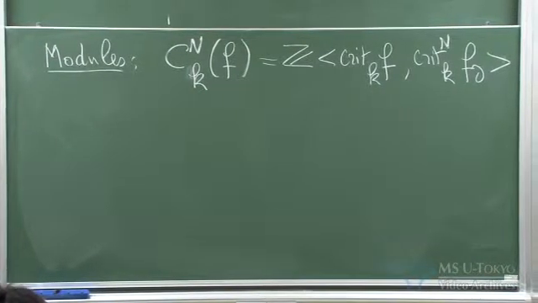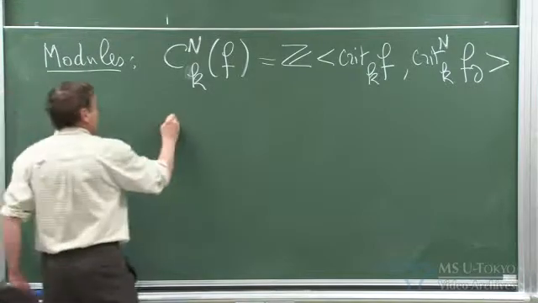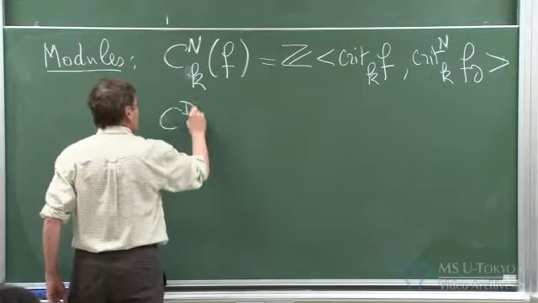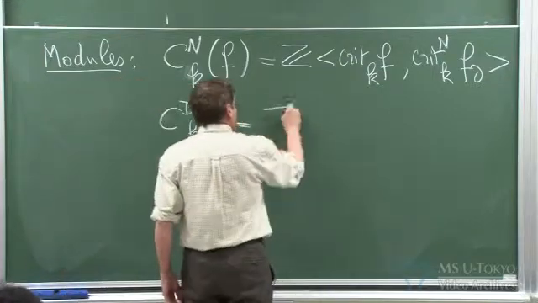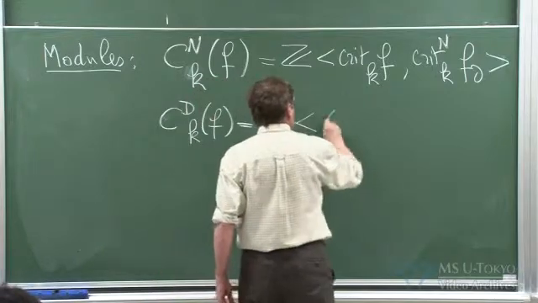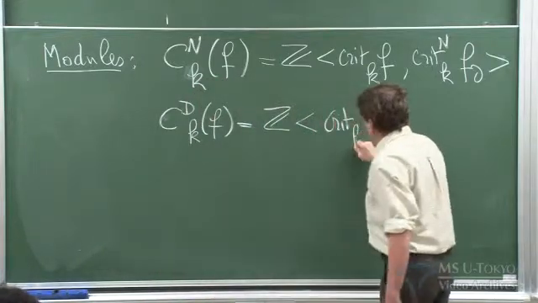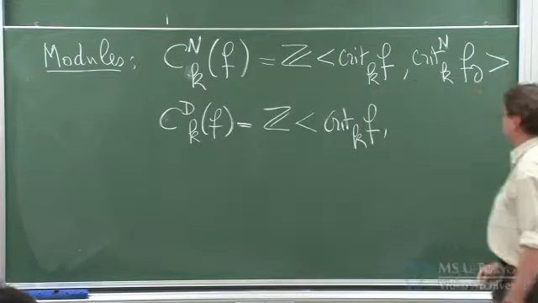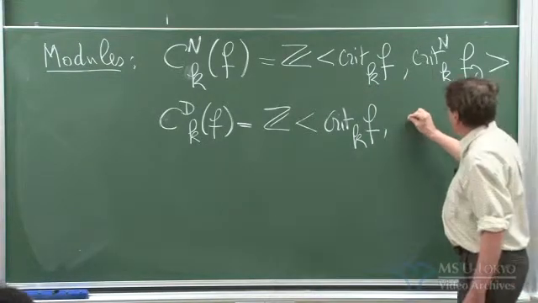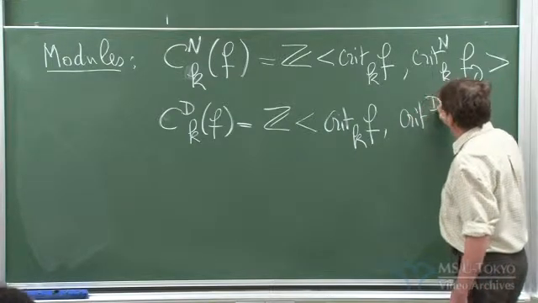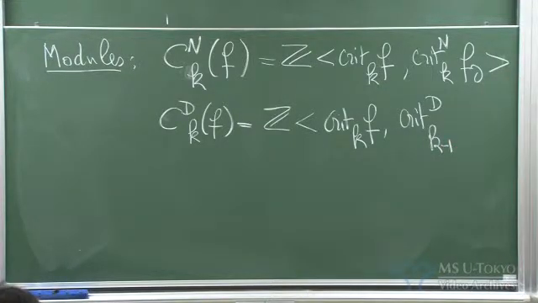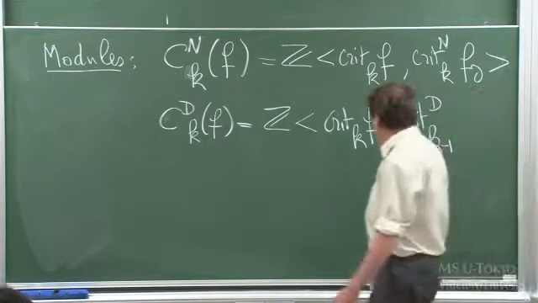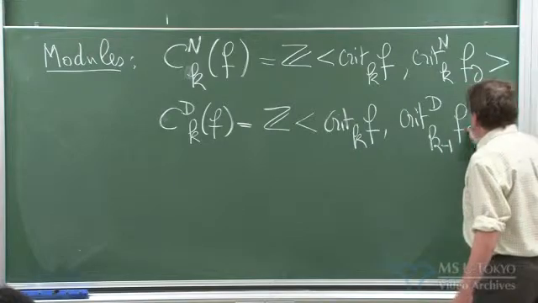This is a free module of finite type. The second one is not exactly the same. It is generated by the critical points of f in the interior and the critical points of type D and index k minus 1. I am going to explain later this shift of the grading for the restriction.